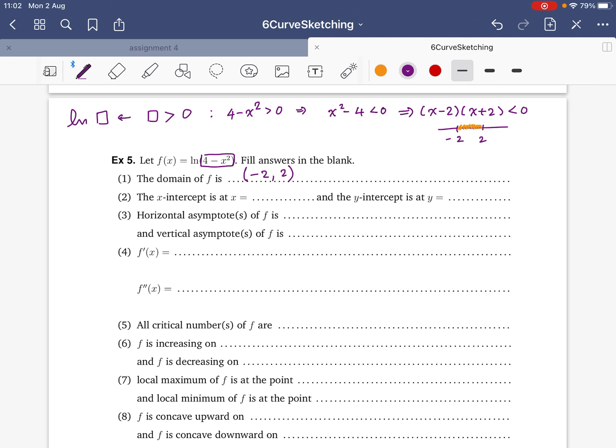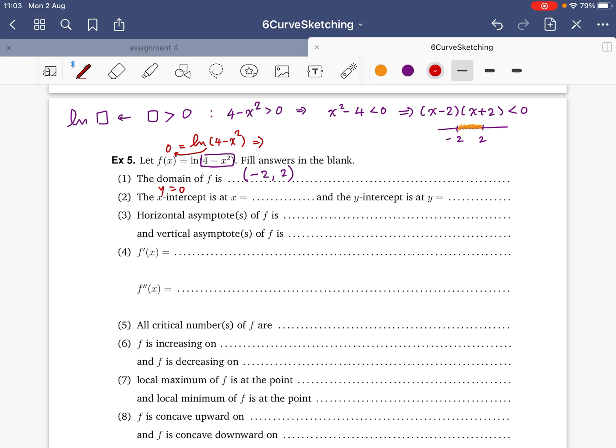For the x-intercept, we are going to again let your y equal to 0, or your f(x) equal to 0, and solve for this one. So this one will be e, right?